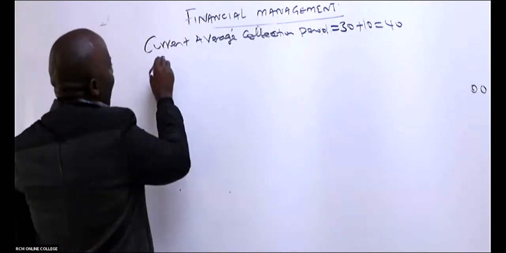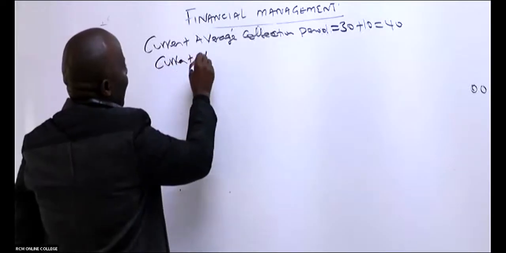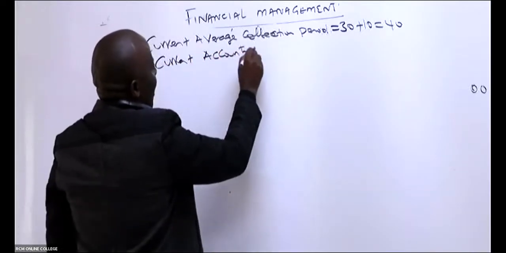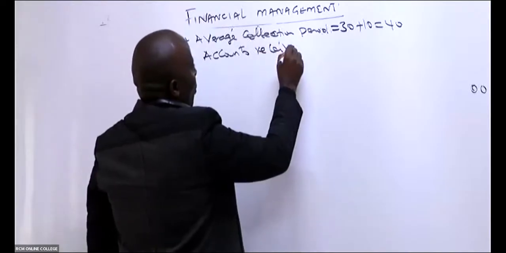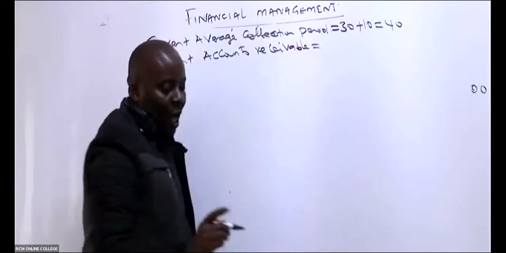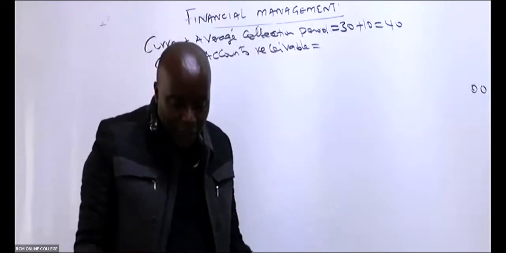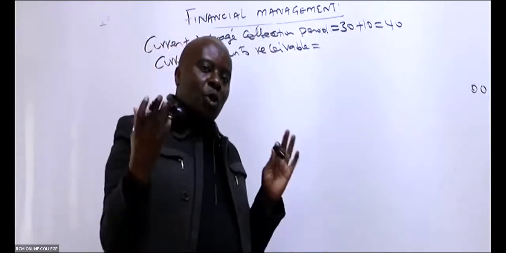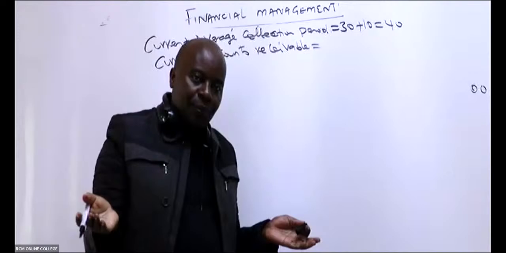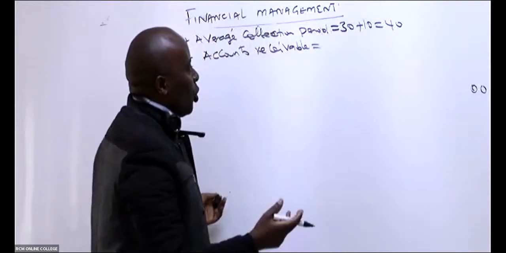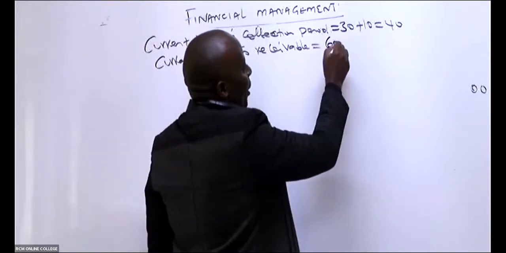Give me the current debtors or the current accounts receivable. How do we get this? It's very, very easy. We know our total credit sales. They have told us our total credit sales will be 6 million.